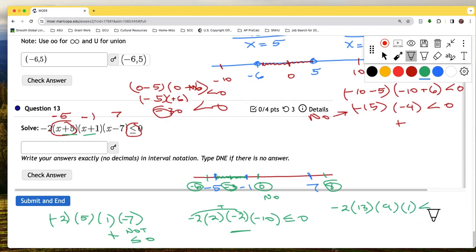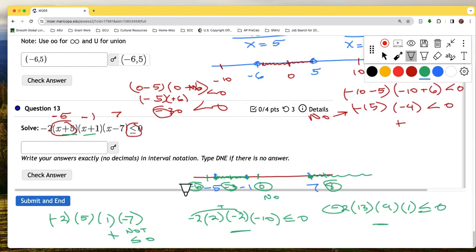Is that less than or equal to 0? Yes, we got a negative here. All the rest are positive, so this is going to be a negative number. So yes, everything here is included all the way, and once it's included, there's no other boundary. -5 is included, -1's included, and 7 is included.